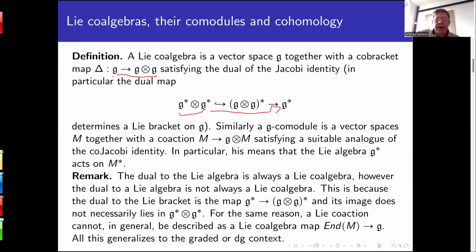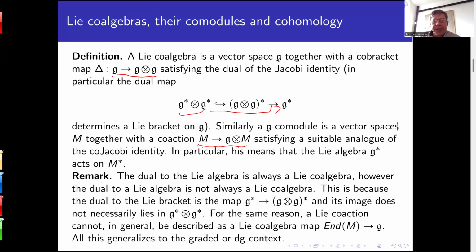Similarly, a comodule over a Lie coalgebra G is a vector space M, together with a certain map, the co-action map, which satisfies a suitable analog of the Jacobi identity.